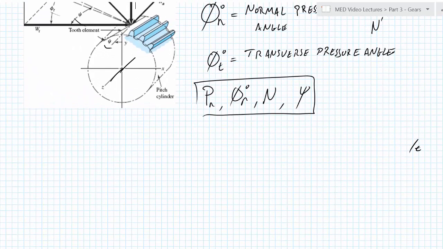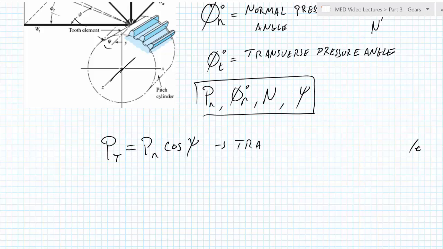The transverse pitch, the pitch for the actual gear engagement, is equal to the normal pitch, which we'd see listed in the catalog, multiplied by the cosine of the helical angle. When we're using pitch in our equations to describe the forces acting on the gear teeth, we're going to use the transverse pitch.